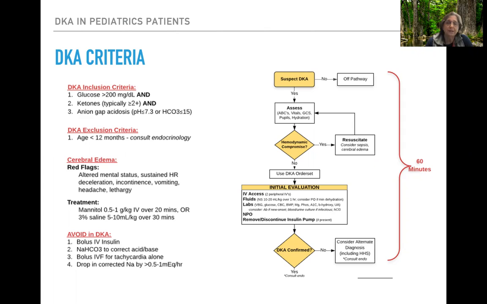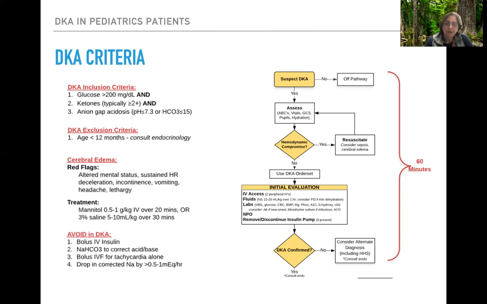What we want to avoid in DKA is to bolus IV insulin, especially to pediatrics, because they're hypersensitive to insulin. We don't want to correct the bicarb, because the bicarb is going to be corrected with all of our fluid shifts over time. So again, over 48 to 72 hours. We don't want to bolus IV fluids just for tachycardia alone.